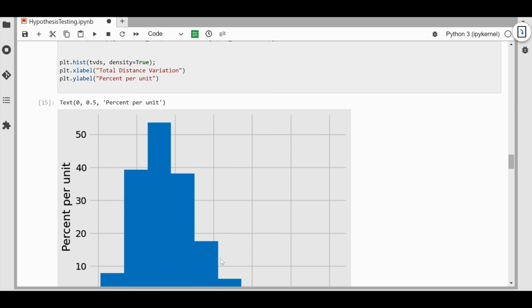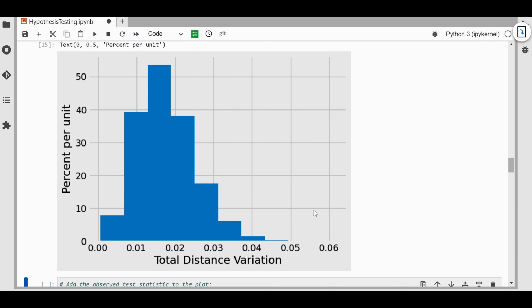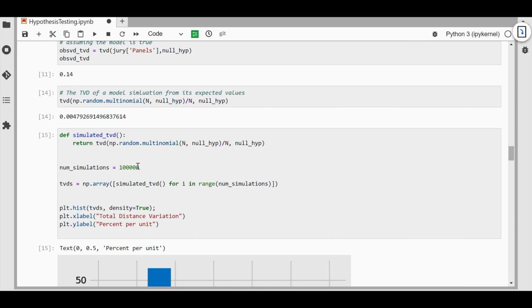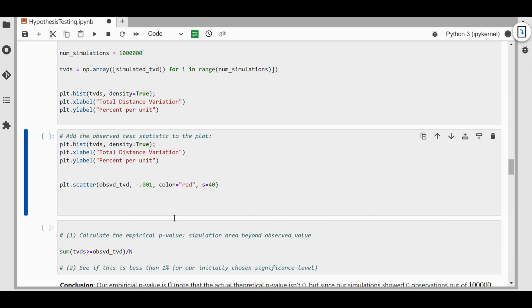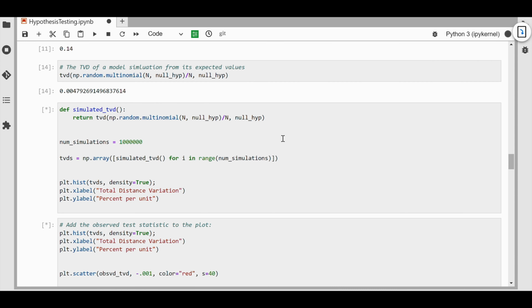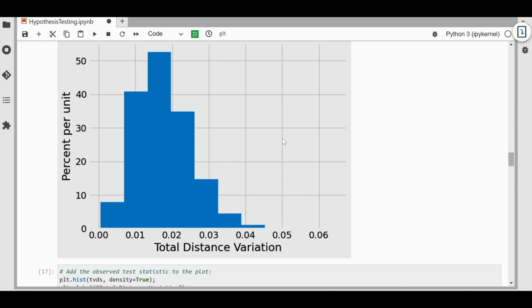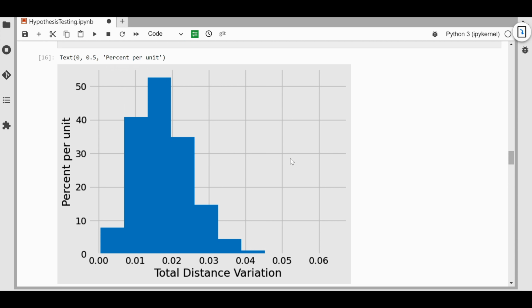And these are possible values for total variation distance that we might get just due to the randomness in our sample. Now, I could even do more than 100,000 if you want. So let's do 1,000,000 here just to make it even smoother. Again, not necessary, just showing you we can do that to make it even more precise. Okay, let's pop back to the slides now to see how we use this.